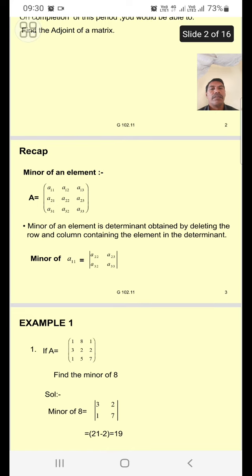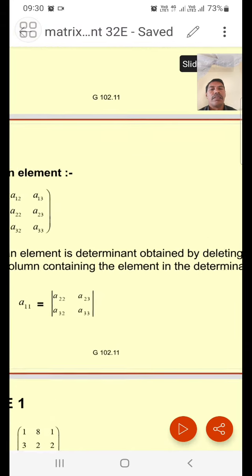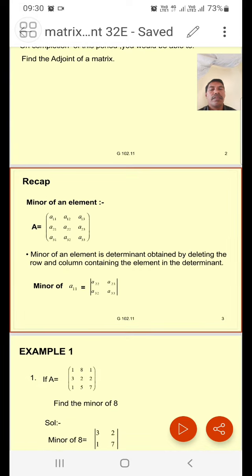So first we have to know what is minor. Every element contains a particular value that is called minor. In 2 by 2 and 3 by 3, let us see.